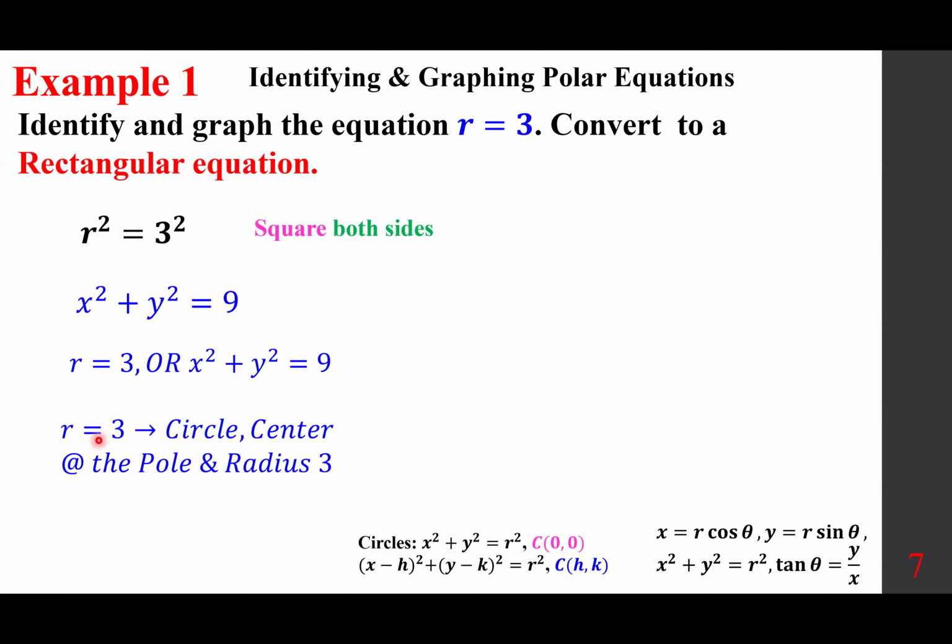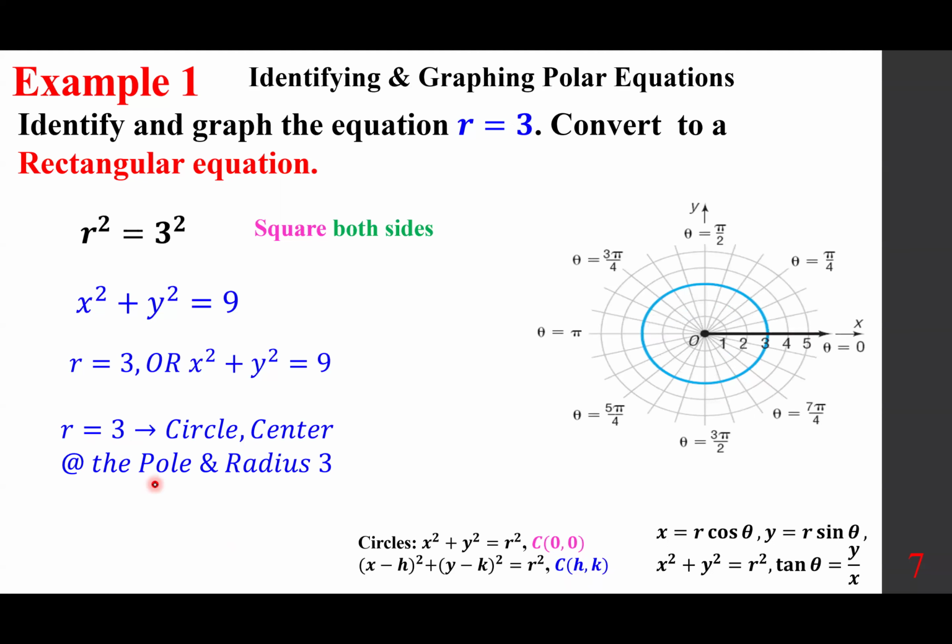We are dealing with a circle with the radius of 3, and its center is at the pole. So it looks like that. You just have a circle centered at the pole. Very straightforward, everybody.